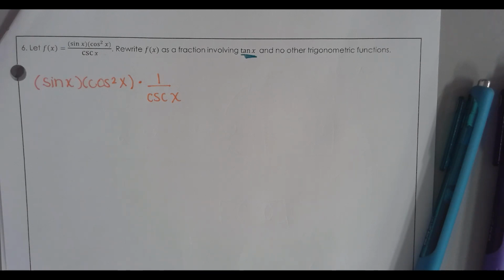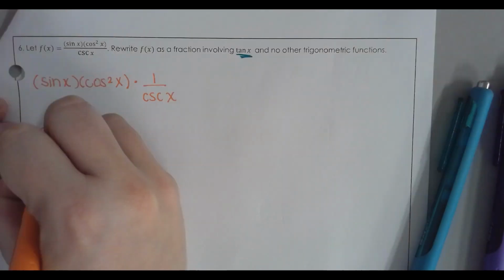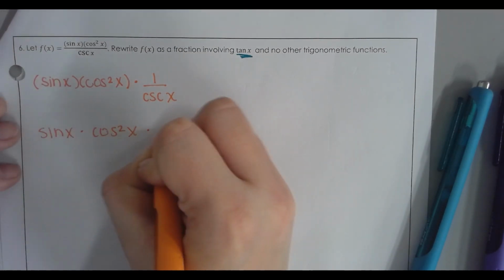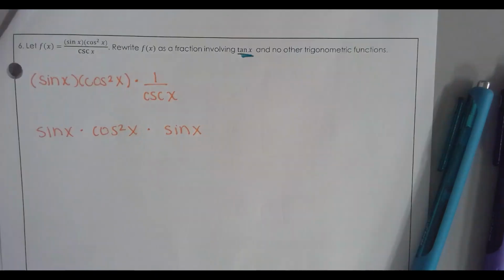What do we know? What is 1 over cosecant? What is cosecant the reciprocal of? Sine. So that's the same thing as sine x times cosine squared x times sine x.